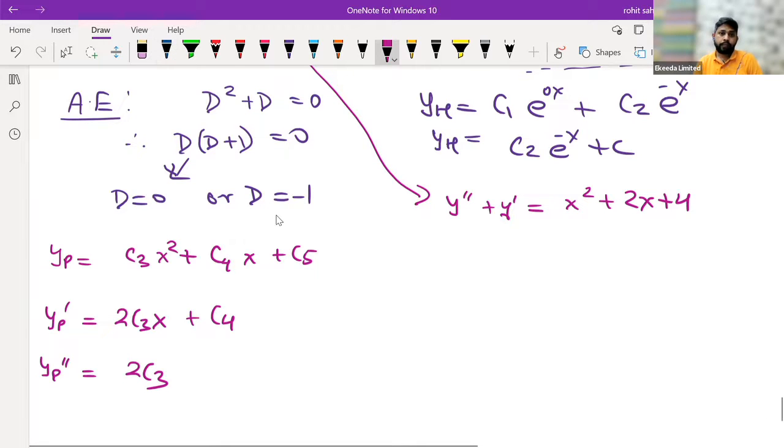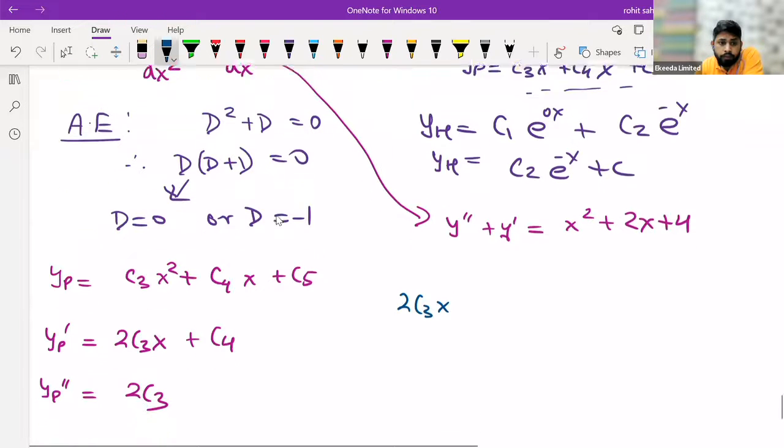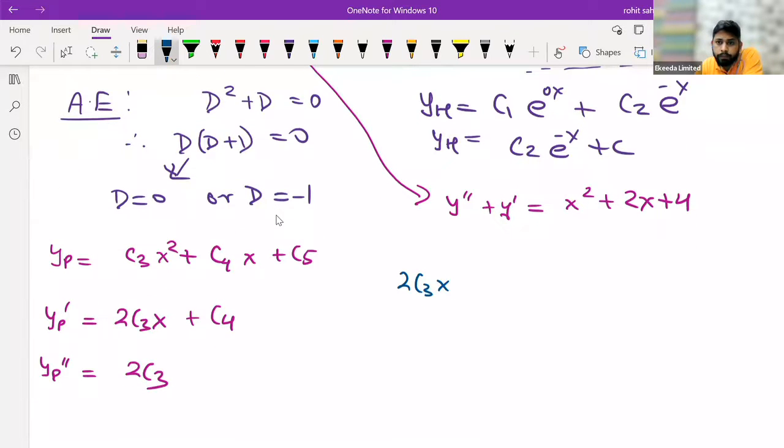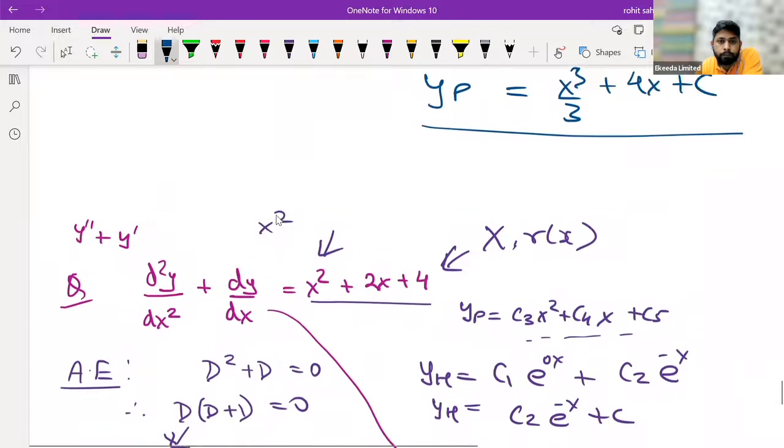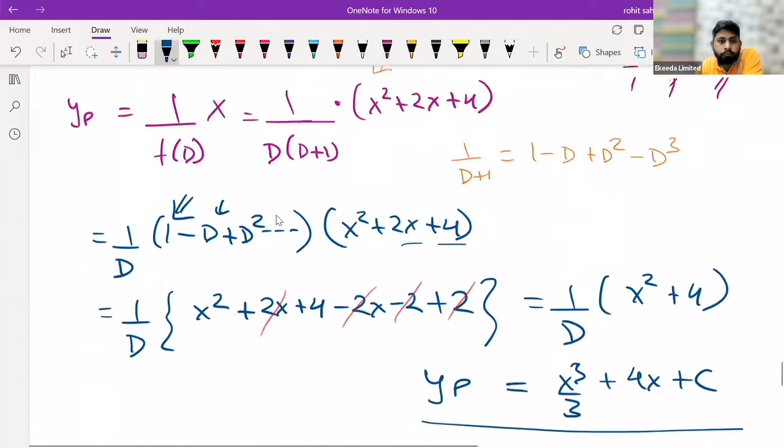So that means, if you're putting y double dash, so y double dash is 2c3. Okay, you will have to check one more thing. Just a second.